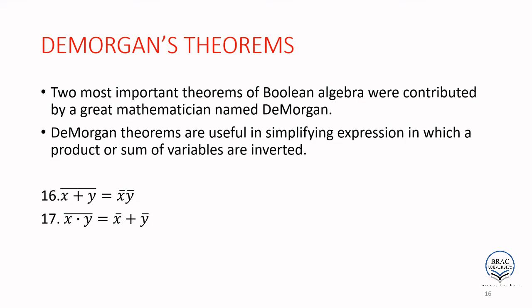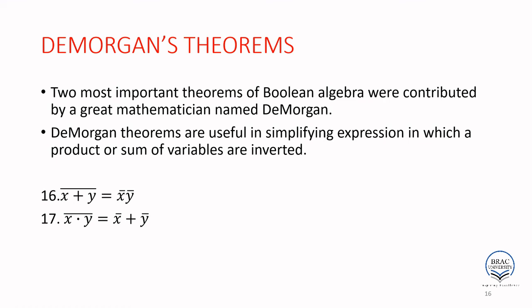The sum, like x plus y, this is your OR, and it becomes AND. Just invert this one. So it has (x plus y) whole prime, it becomes just x prime into y prime. Again here (x dot y) whole prime, it becomes x prime plus y prime.